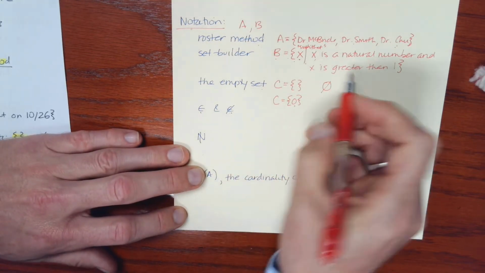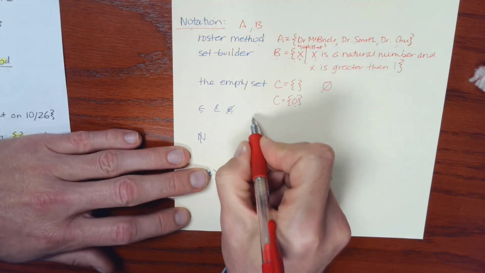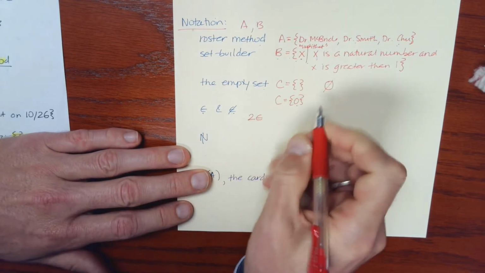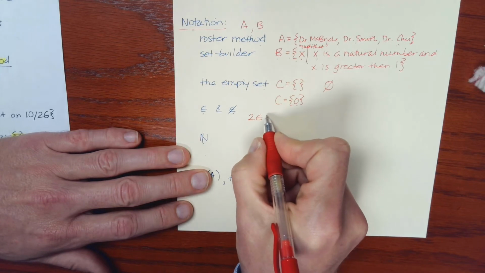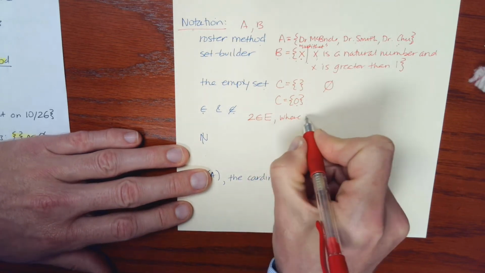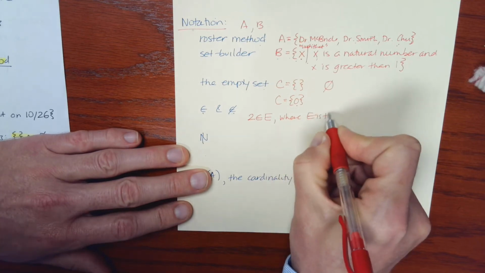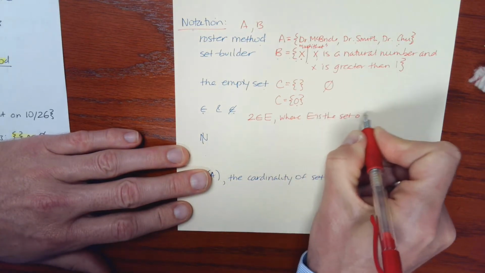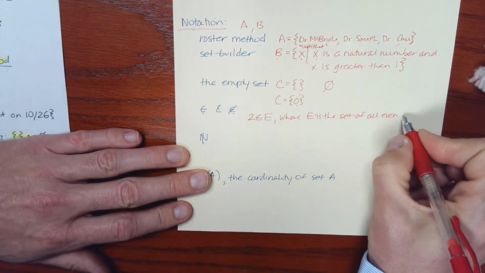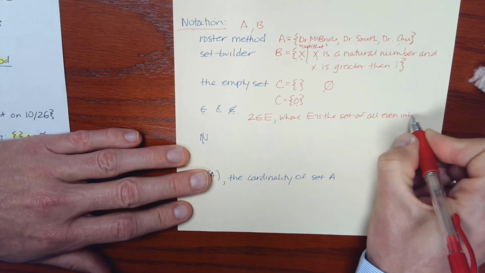So I might say that, for instance, 2 is an element of, I'll say set E, where E is the set of all even integers.